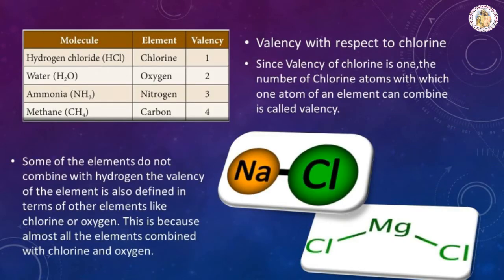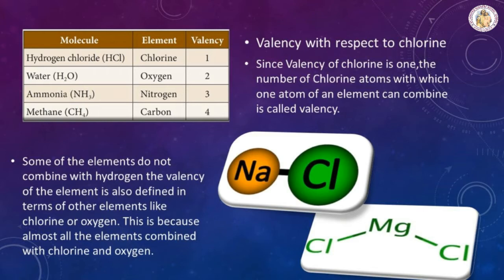Let's see valency of some atoms. Molecule hydrogen chloride HCl. Here the element chlorine's valency is 1 because chlorine is combined with one hydrogen. Next, in water molecule, the valency of oxygen is 2 because oxygen is combined with two hydrogen.